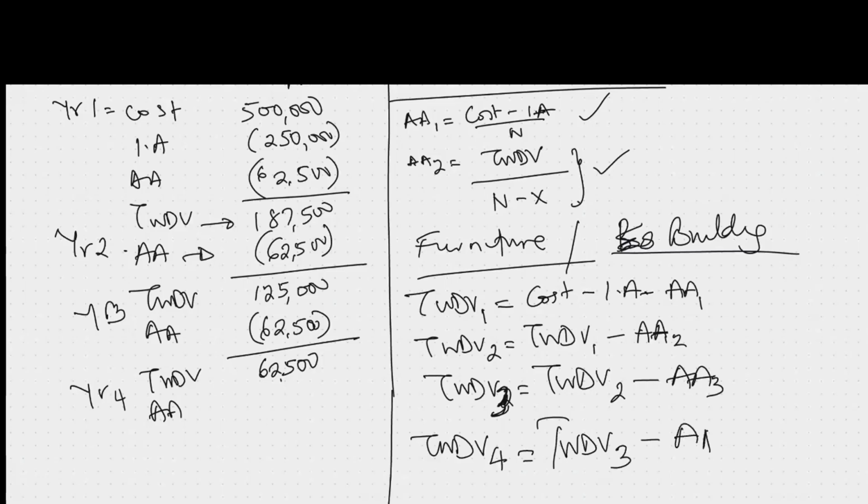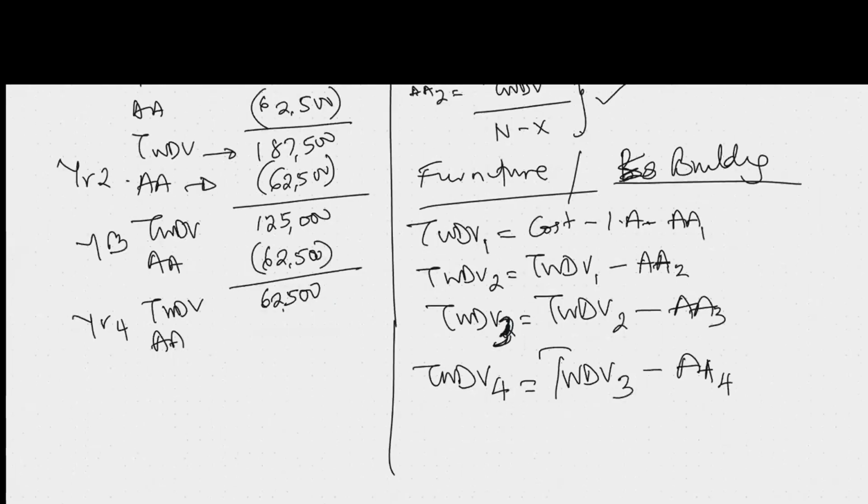Now, in the last year of use, my tax return value N will be my tax return value N minus 1 minus tax annual allowance N.